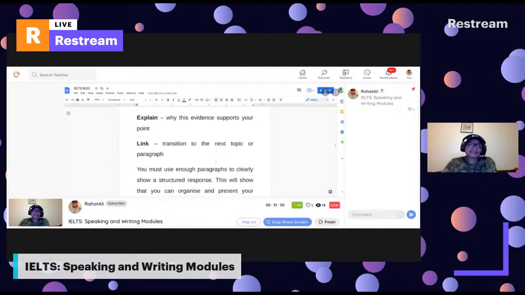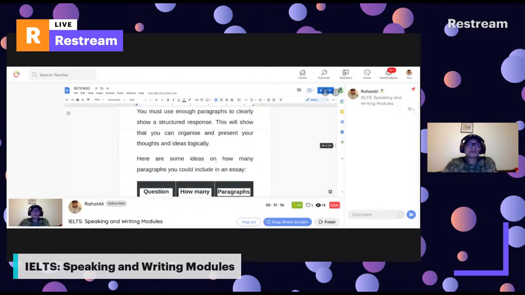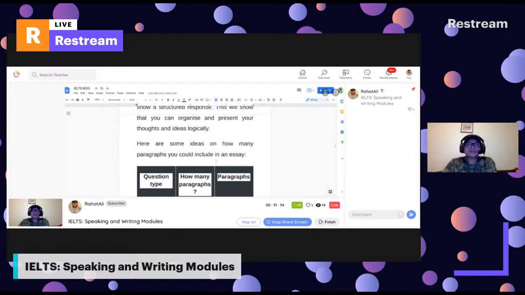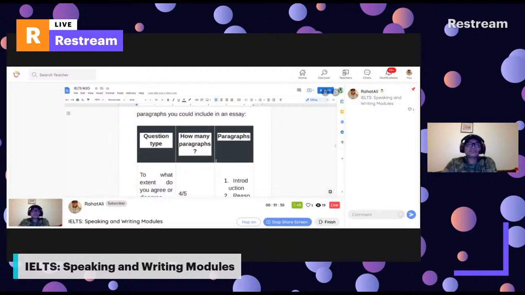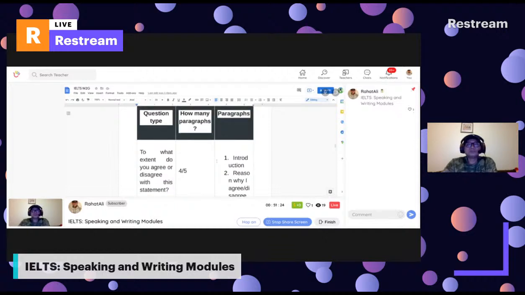You must use enough paragraphs to clearly show a structured response. This will show that you can organize and present your thoughts and ideas logically. Here are some ideas on how many paragraphs you could include in an essay. So we need to understand first the question type, then how many paragraphs you have to write, and what could be the possible paragraphs.